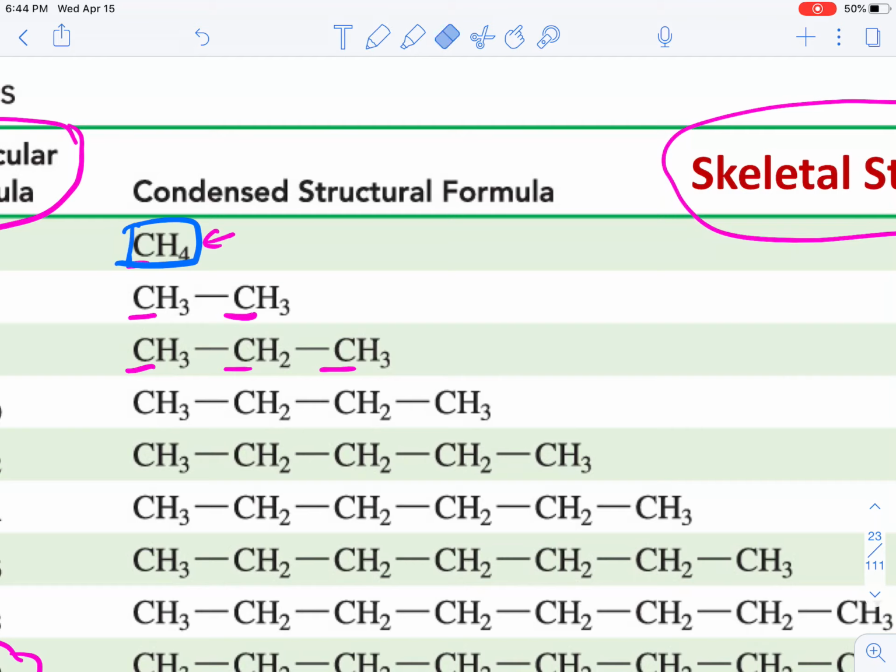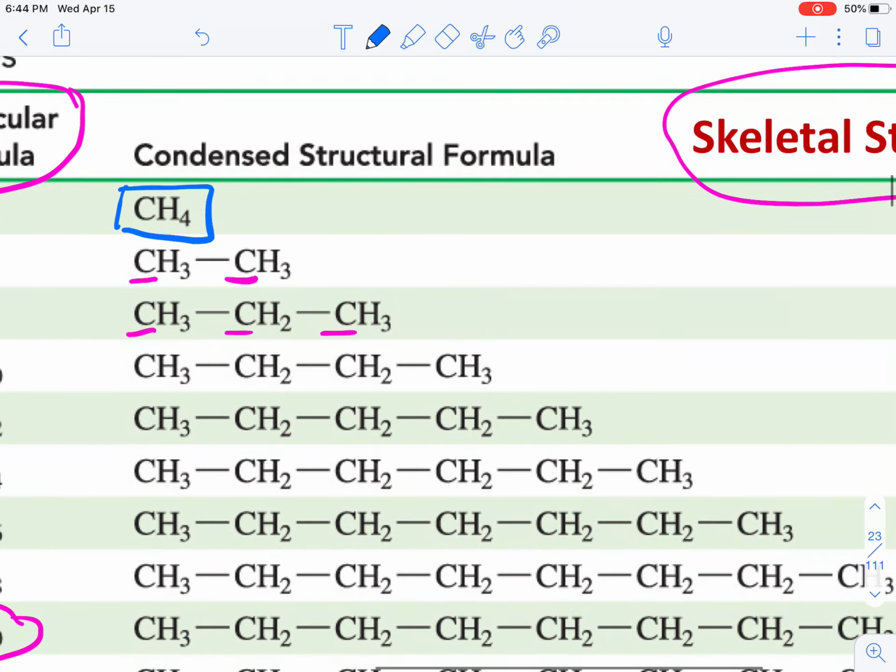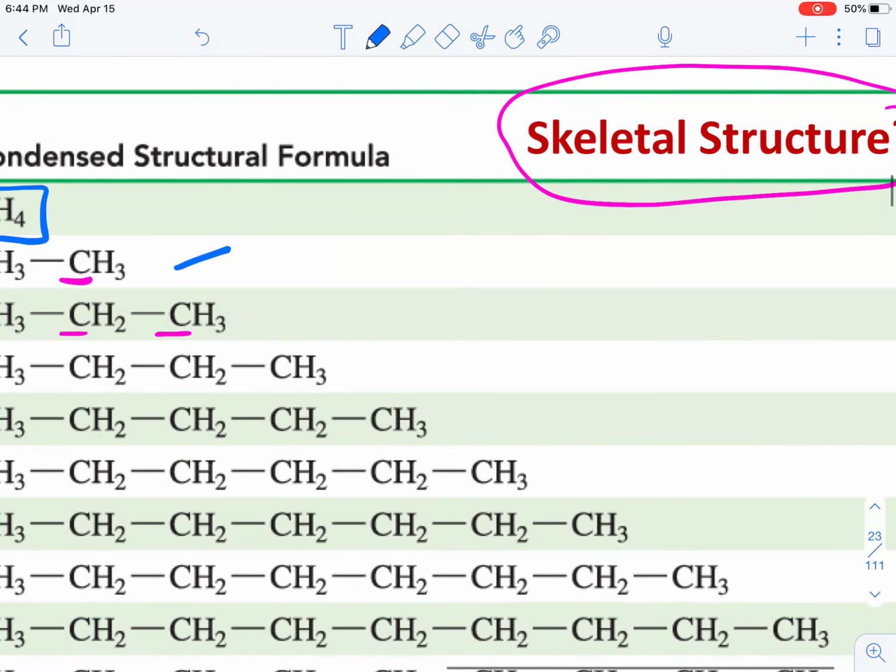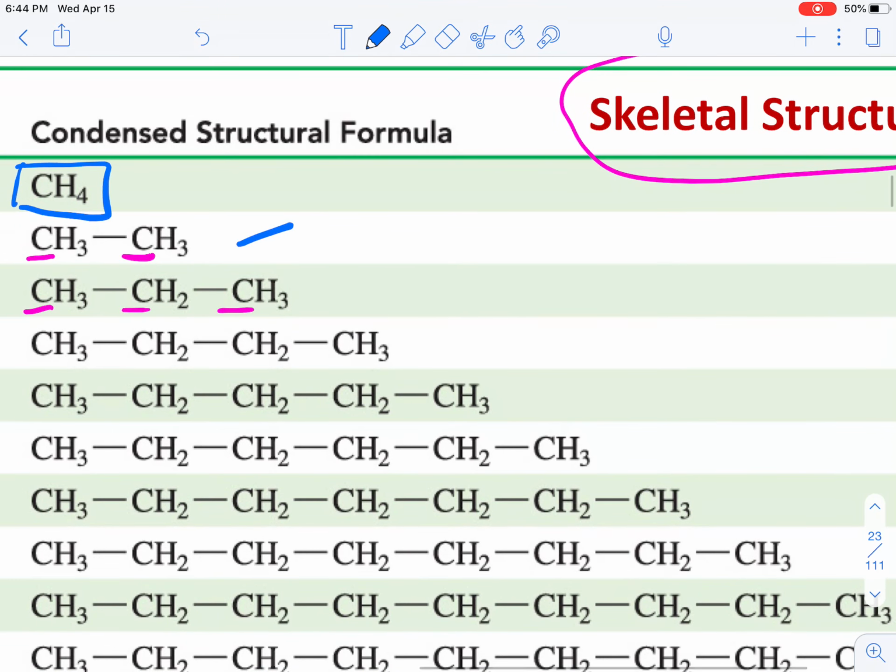Technically, to follow the rules to the T, a dot would represent methane, but for now you can just write CH4. For ethane, since there are 2 carbons, the skeletal structure looks like this. For propane, which is 3 carbons, it looks like this.